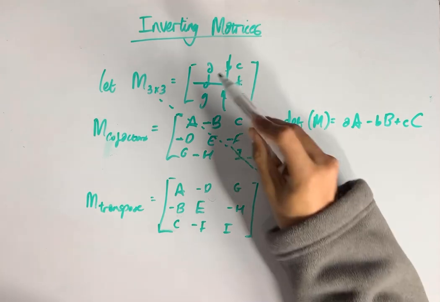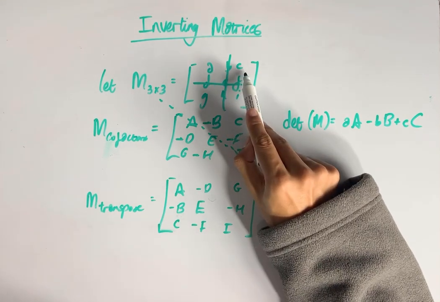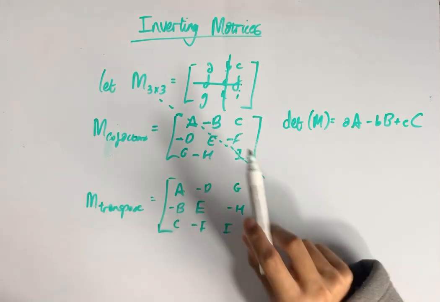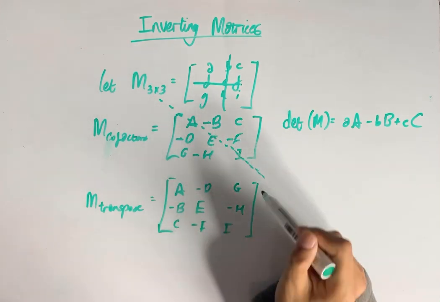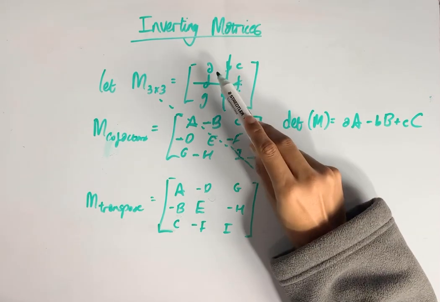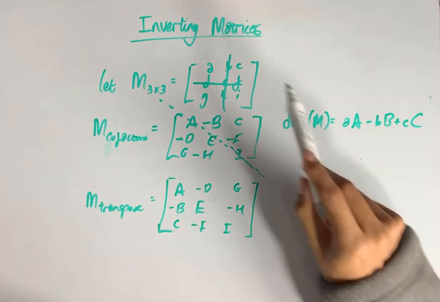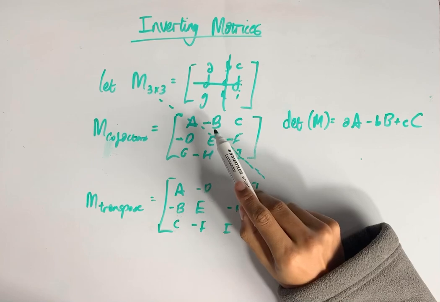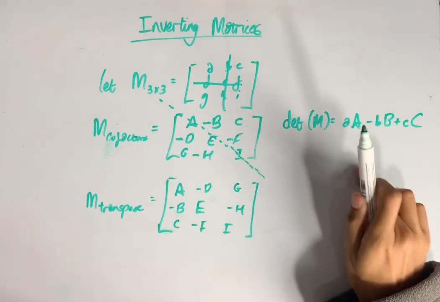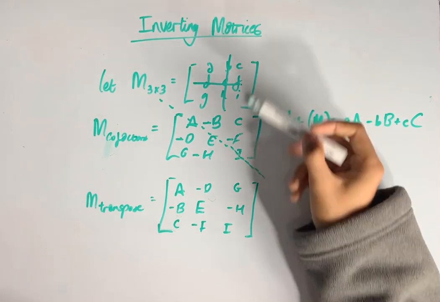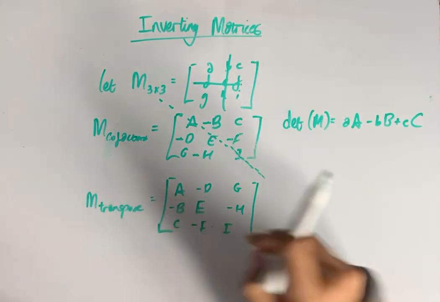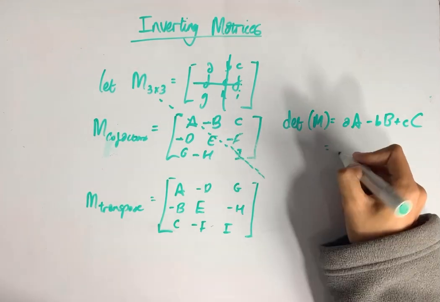So here, if we look at our top row in our initial matrix, we have the elements A, B, and C, and their minors are given by big A, big B, and big C, or capital. Our determinant is given by A multiplied by its minor, minus B multiplied by its minor, plus C multiplied by its minor. Now, I believe this can be done with the second and third row too, if we follow the checkerboard pattern and invert the numbers.